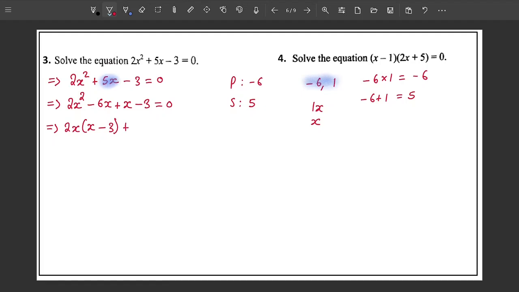Between x minus 3, what is common is actually 1. Then open brackets: here you remain with x, here you remain with -3, equals 0. Now you need to check that the next bracket and the first bracket must be the same. This here and this here must be the same, you see.